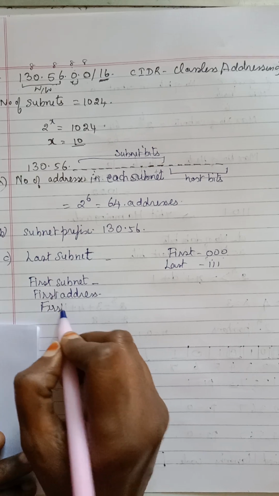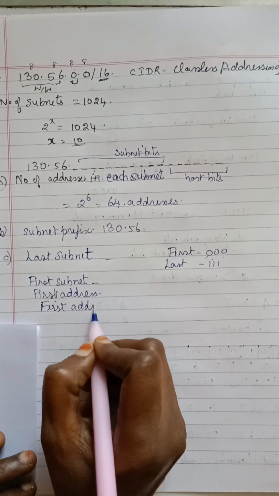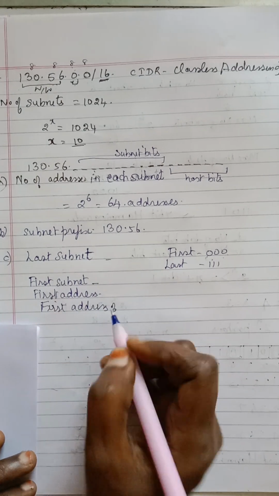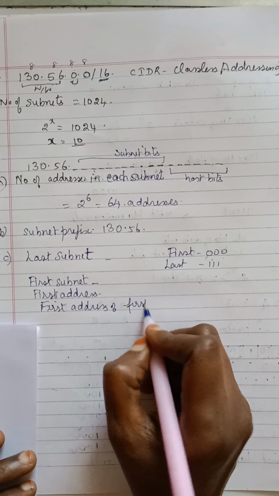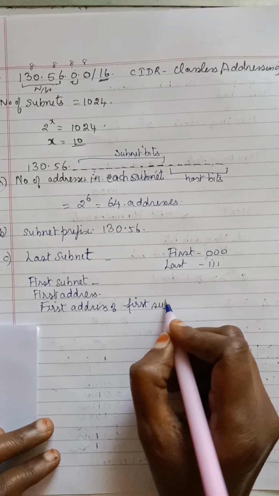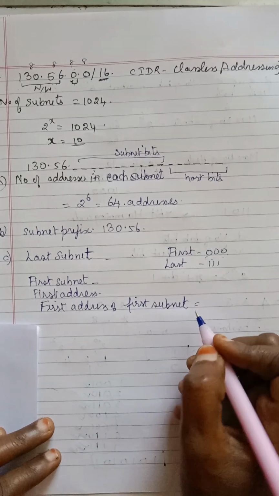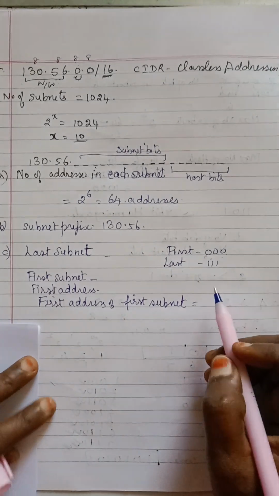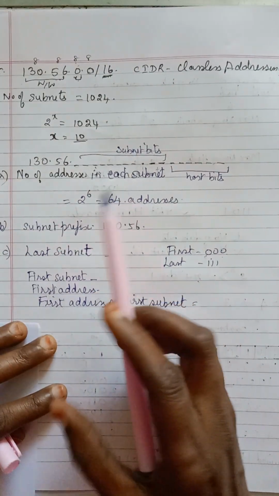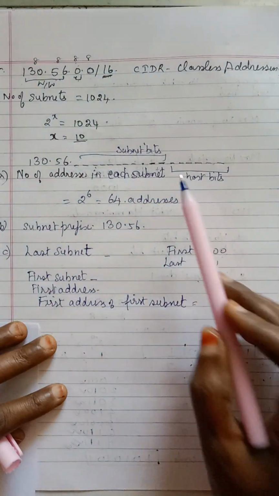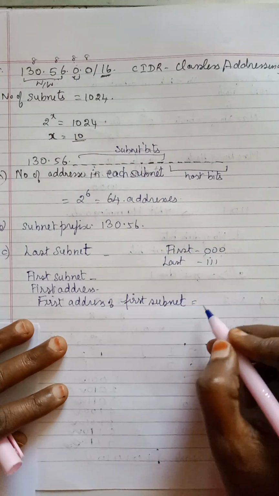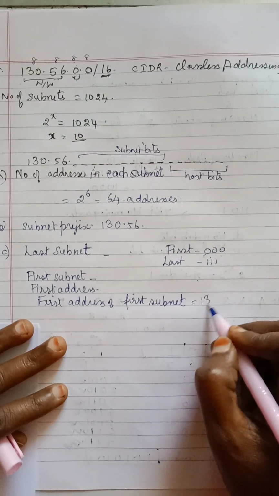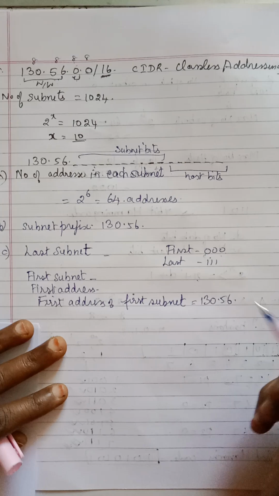What is the first address of the first subnet? So here we have to put first subnet as well as first address. So what will be the value? Here 130.56 will remain the same.